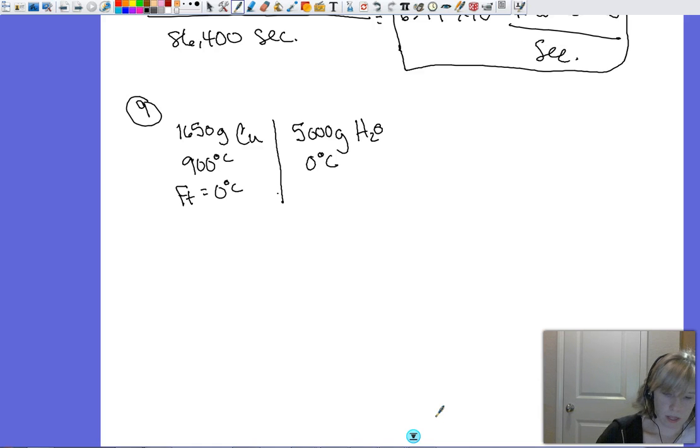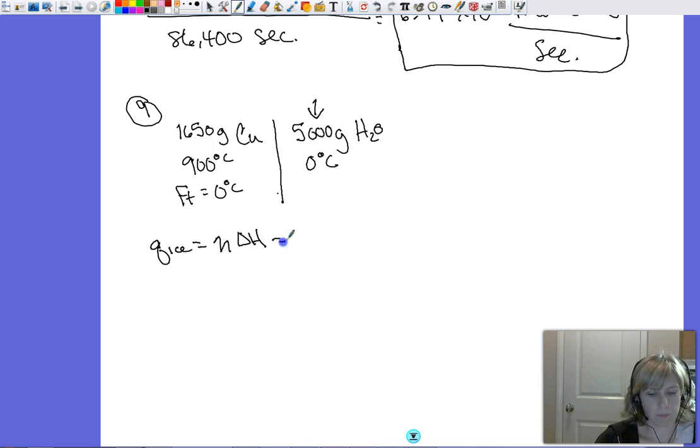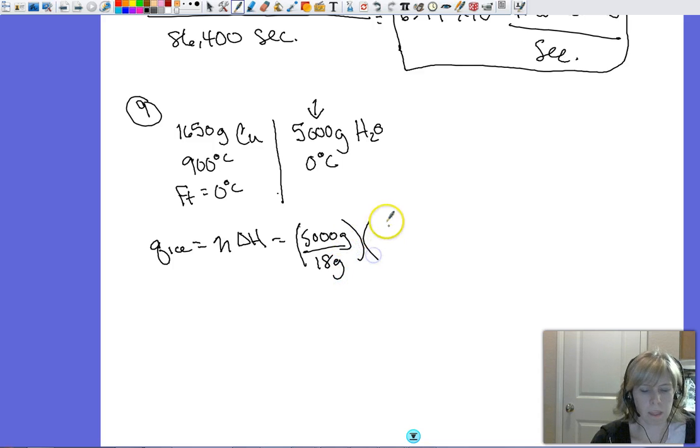Alright, so once we get that, we can start. So we can find out Q for the ice. So we need to find out how much energy it would take to melt all of this ice. Because we're just melting it, we're going to use our n delta H. And that's going to be 5,000 grams divided by 18 grams, that gives us our moles, times 6.02 kilojoules per mole.